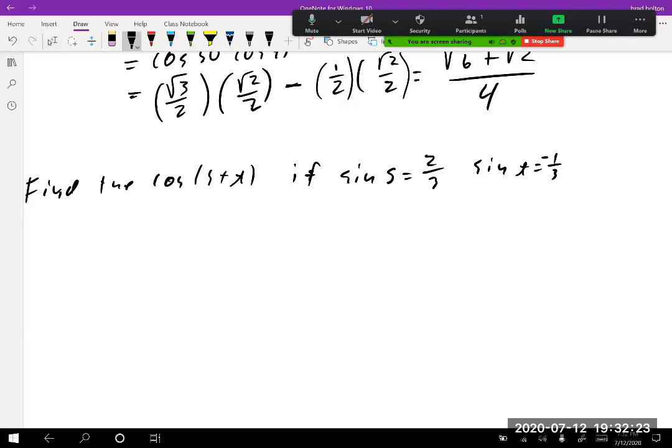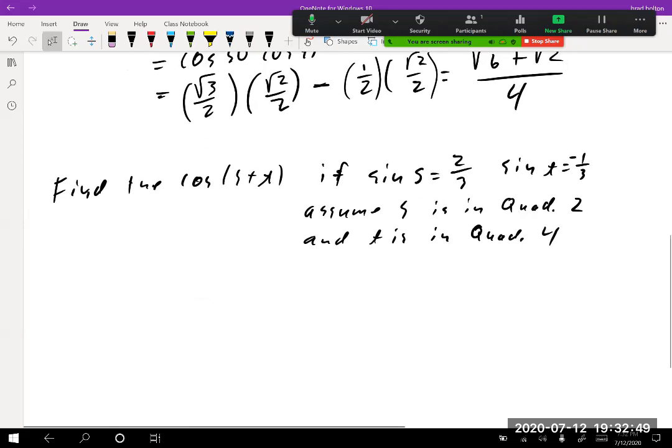Oh, and it says assume S is in quadrant 2 and T is in quadrant 4. Okay, so they're giving us some information. So they told us the sine of S and the sine of T.